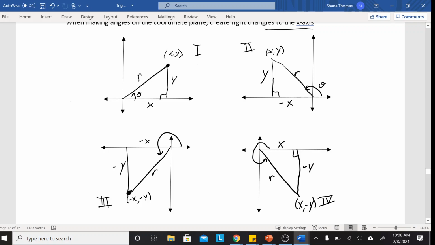You always want to take your triangle and create it to the x-axis. What that does is standardize everything. Could you take it to the y-axis? Technically you could, but then it's going to mess up your rules. So we just standardize it so that all triangles are made to the x-axis. That's what your triangles would look like in the four different quadrants.